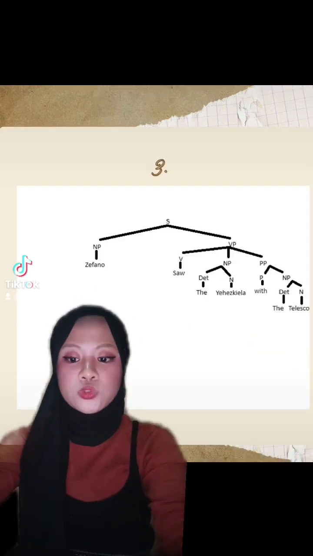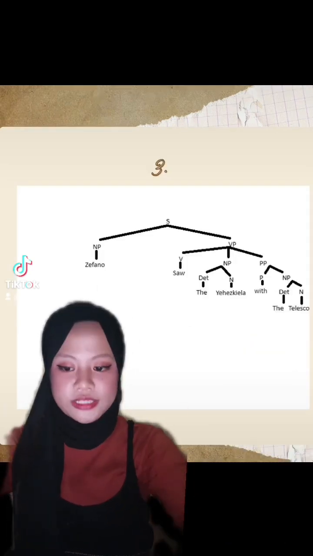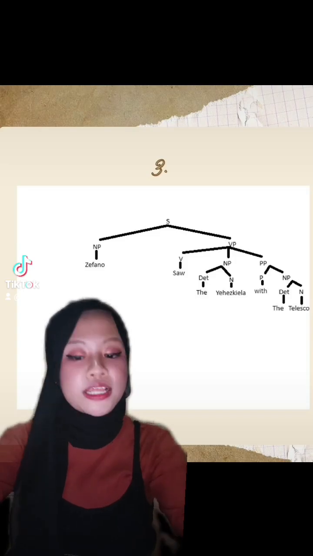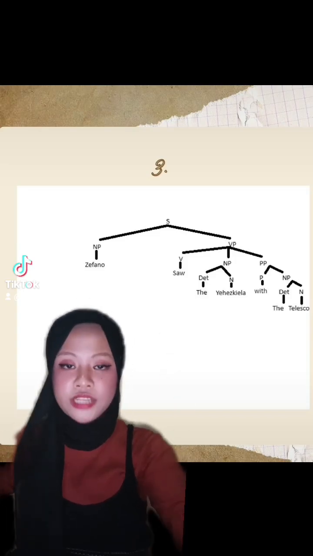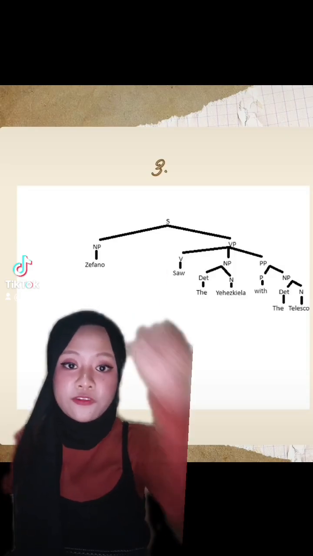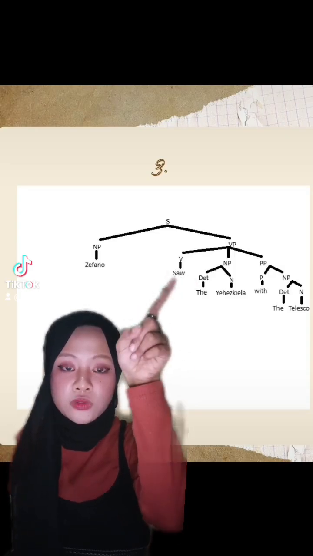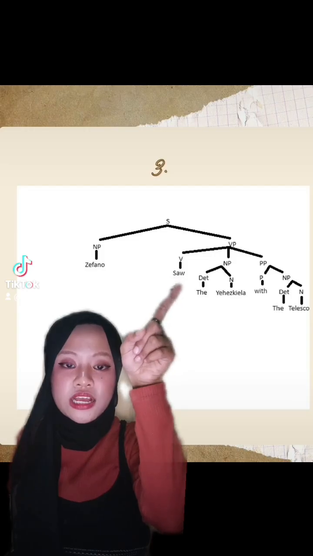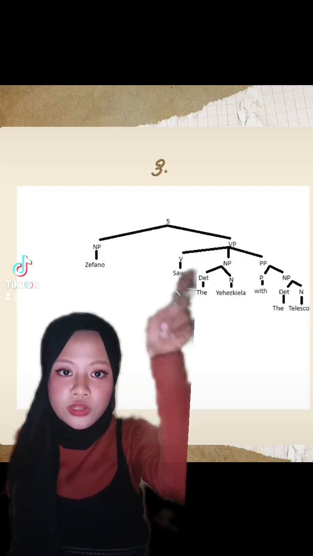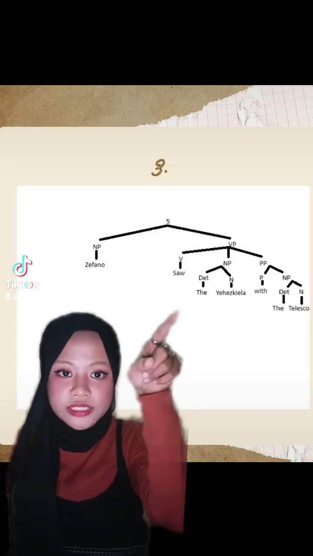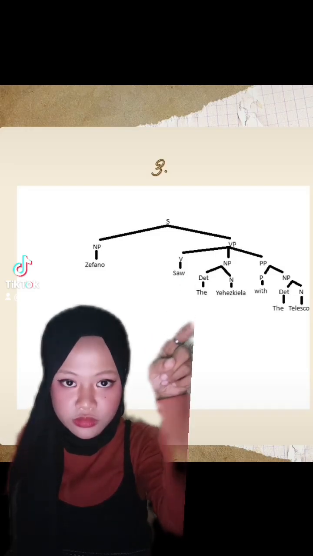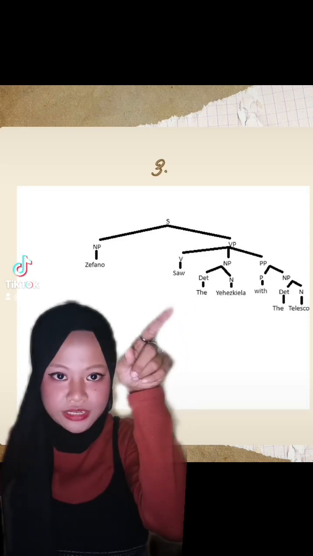Next, we move to the third sentence: Stefano saw the Ezekiel with the telescope. The sentence breakdown: the noun phrase is, of course, Stefano. The verb phrase is saw, the verb, and its noun phrase, where the determiner is the and the noun is Ezekiel.